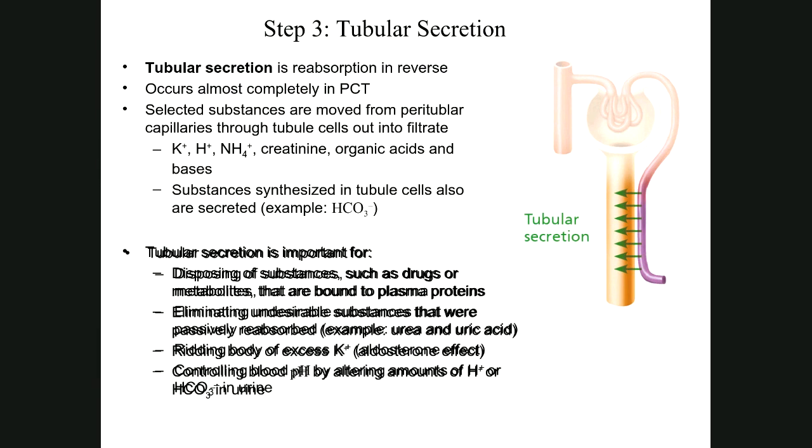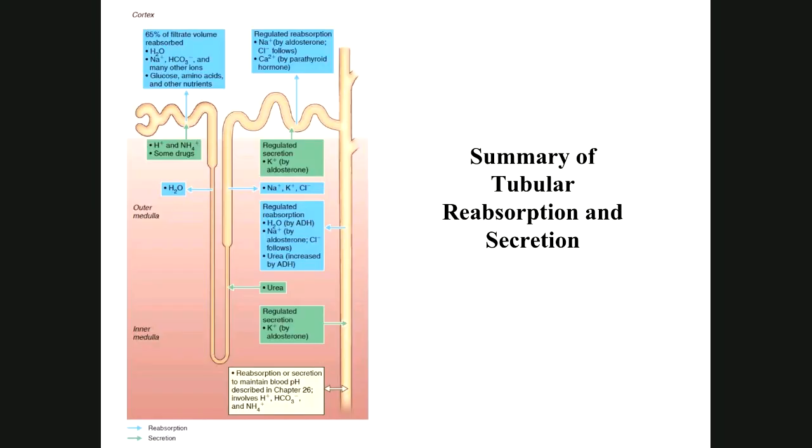If you look at it, we have an acid and a bicarbonate, which is like a buffer here in the urine. So the green ones are all secretions. Most of it happens, as I said, in the PCT.